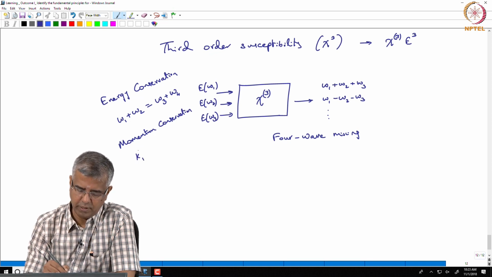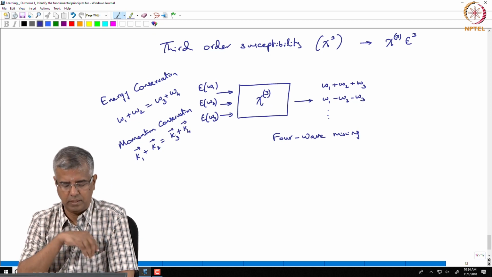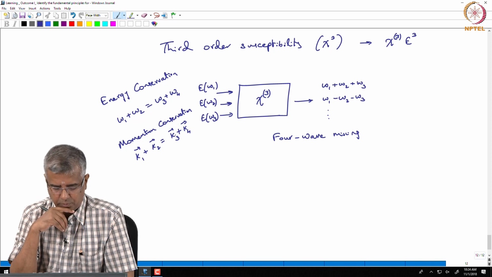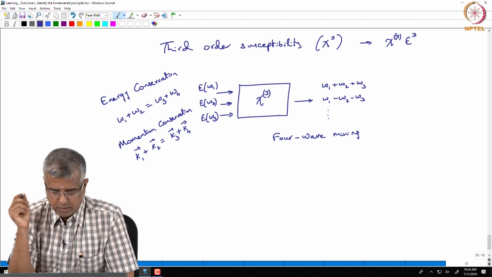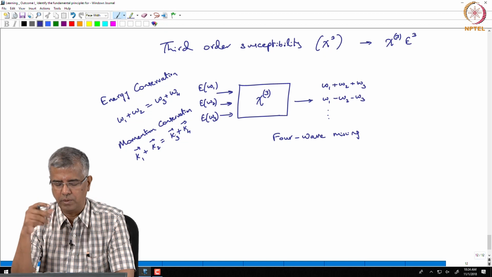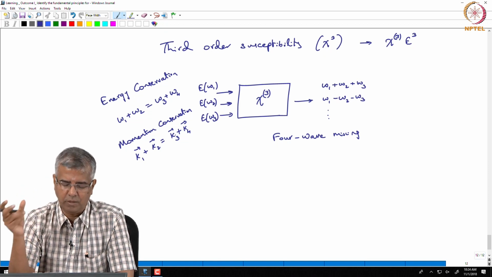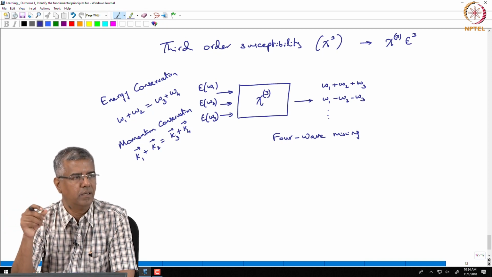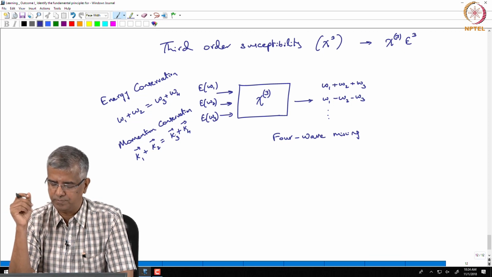So, the k vectors, I am just throwing out an example, but in reality that could be some other combination, but the point is that momentum also would have to be conserved in these processes. Okay. So, only when you have energy and momentum conservation, you have maximum conversion happening from one set of frequencies into another set of frequencies.